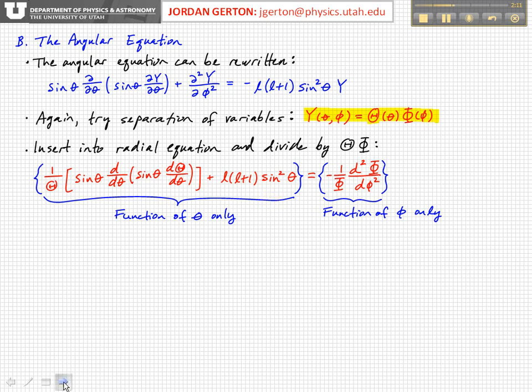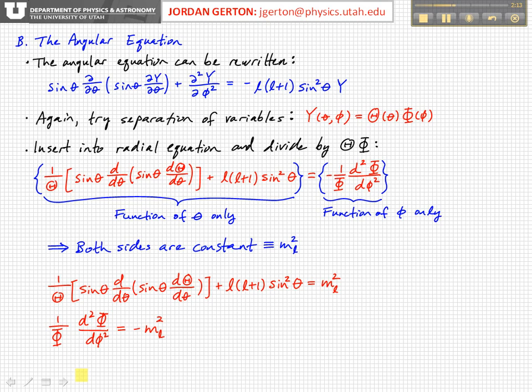Okay, and so both sides are constant. You'll see why we use this notation later on, but both sides are equal to a constant, and we call that constant m sub l squared. We'll see that it turns out to be an integer, but for the moment it doesn't matter.